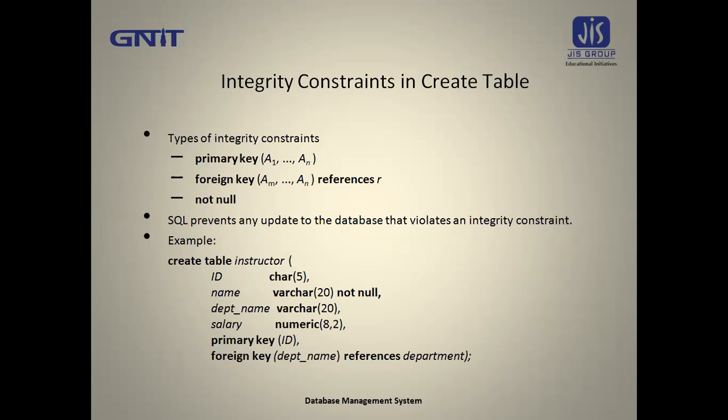So department name is a foreign key. While putting a value in the department name attribute, we need to remember that it is directly referenced by the department relation. Good, this is how we put integrity constraints.